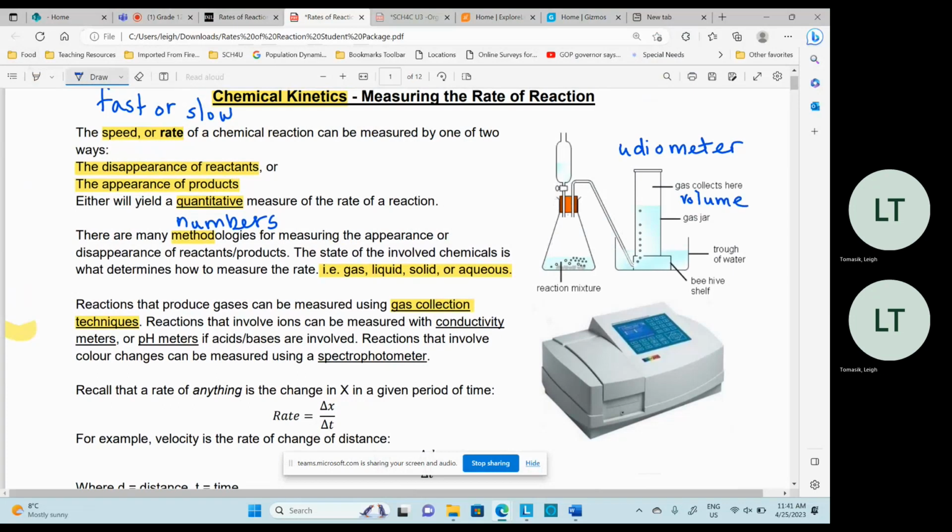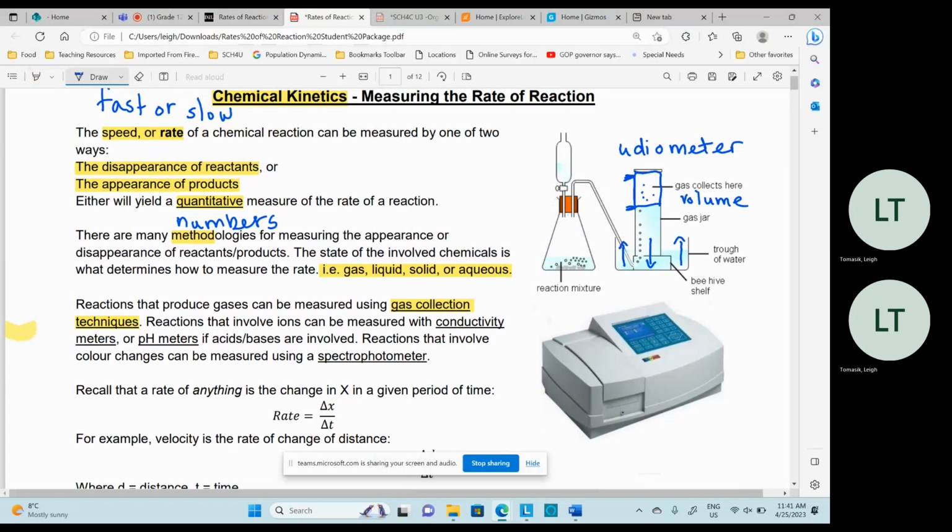So the idea is the gas goes through this tube and it bubbles up through the liquid, and we can measure how much gas is between the top of the container and where the liquid starts, right? So as more gas collects at the top, the water gets pushed down, and this container will fill up.